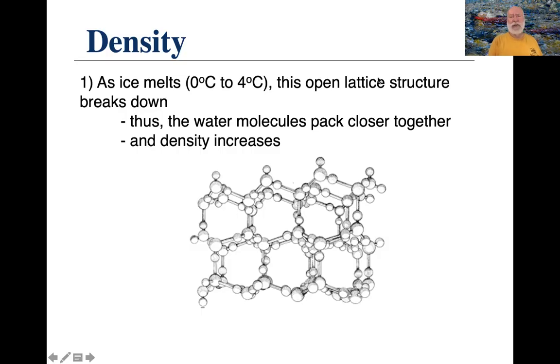Now, as that lattice structure breaks down, the water molecules start packing closer together. And so the water density continues to increase. Okay, so there's a big change in density right at 0 degrees Celsius, but it continues to get more dense up to 4 degrees Celsius.